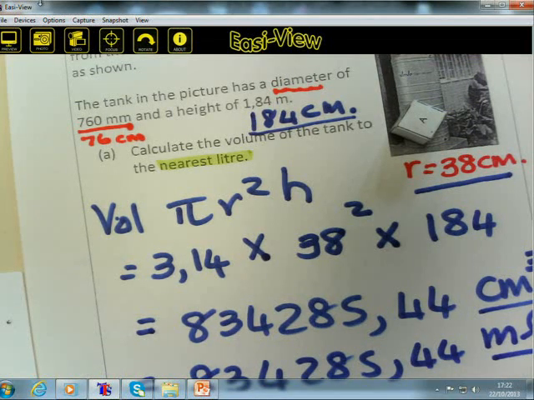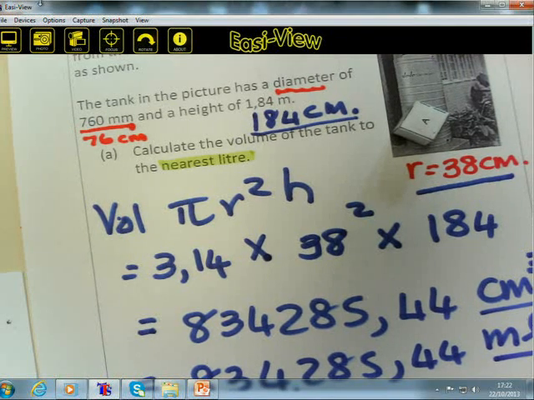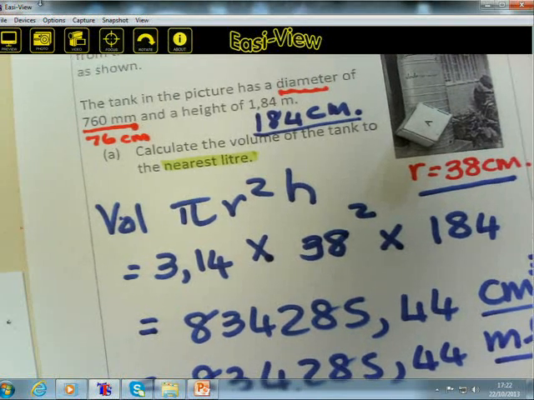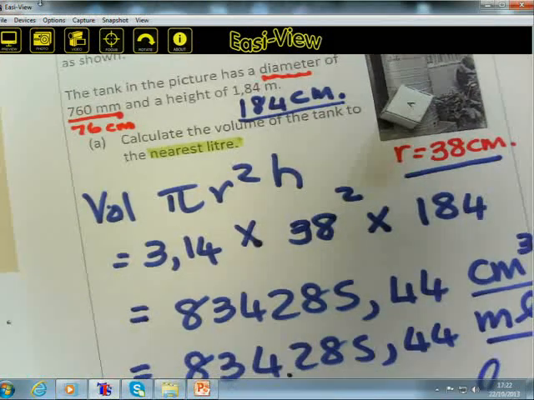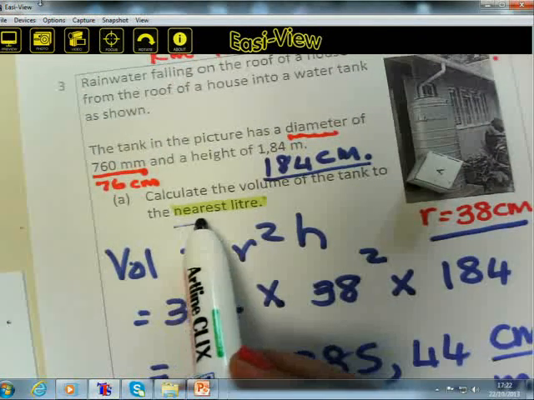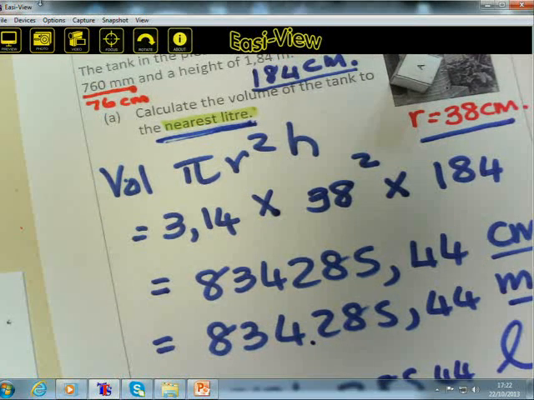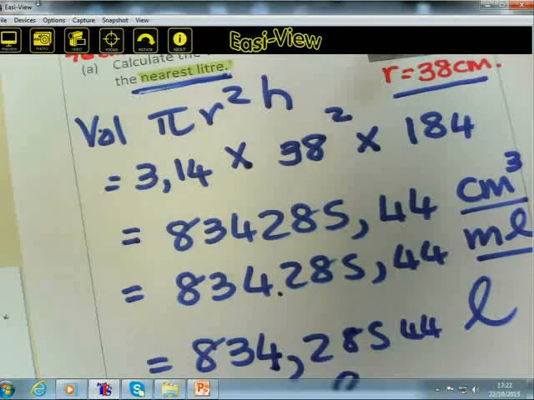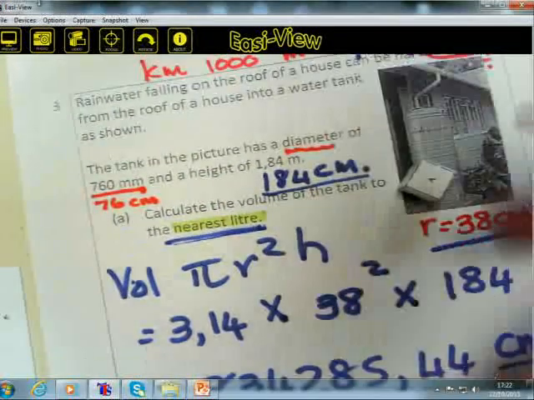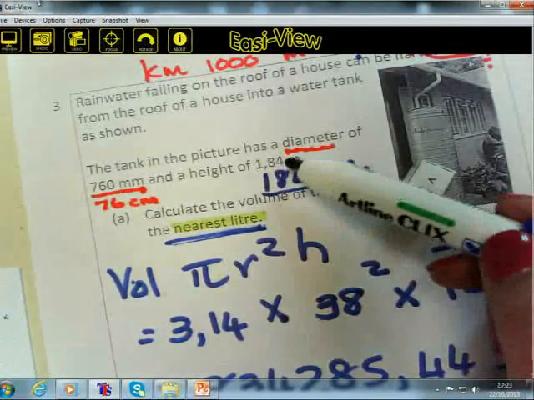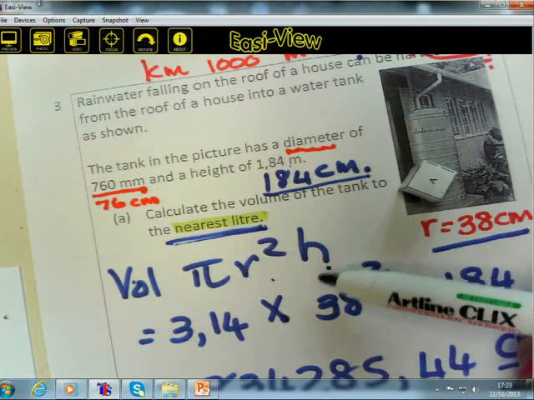And then you can convert it to liters by dividing by 1,000, and that is 834,285,44 liters. And then they asked us to round to the nearest liter, so it will be 834.